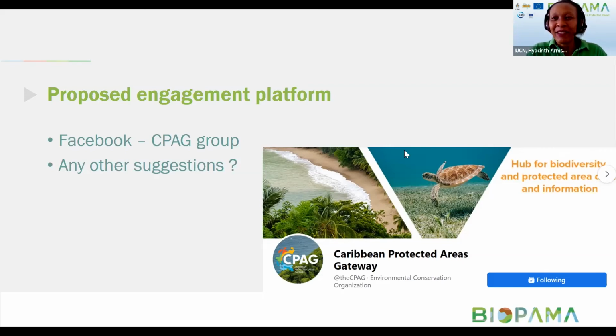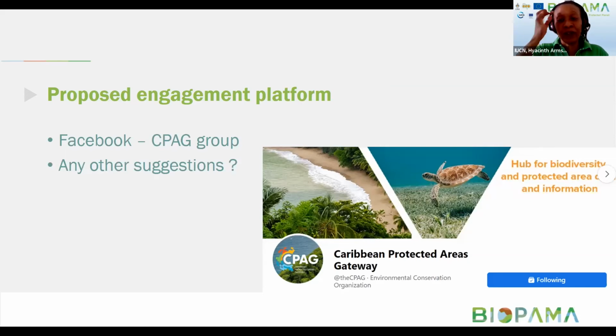So I see 4 hands raised so far from the attendees. So raise your hand if you agree that Facebook is the mechanism that we should use right now for advancing the network. All right, so I have 15 persons.